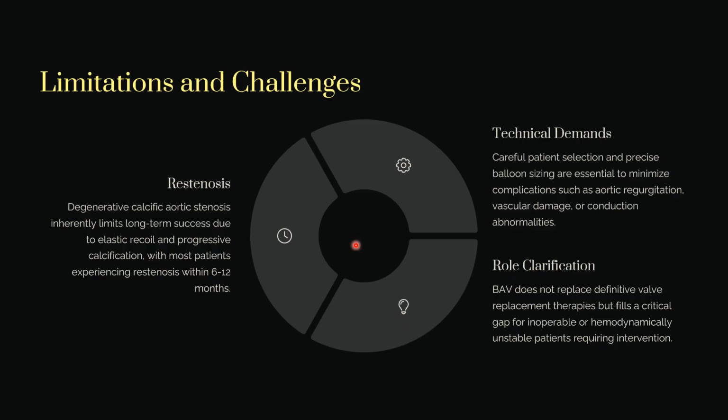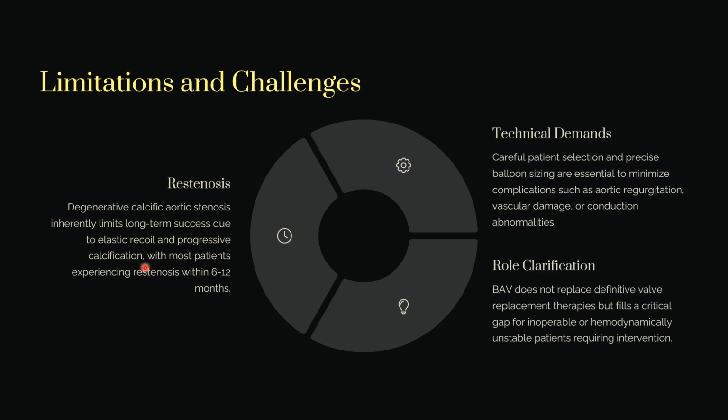What are the limitations and challenges of this BAV? Number one is stenosis. Degenerative calcified aortic stenosis inherently limits the long-term success due to elastic recoil and progressive calcification. Now, what is this AS?